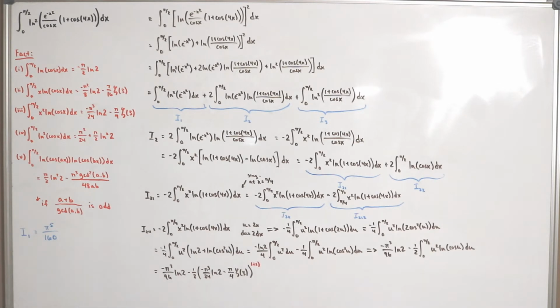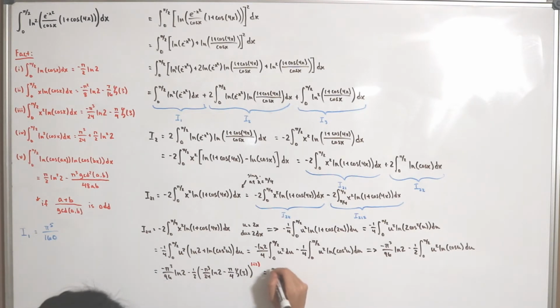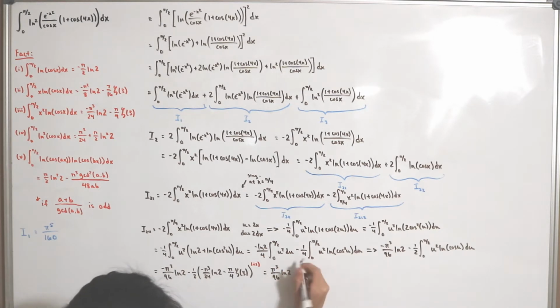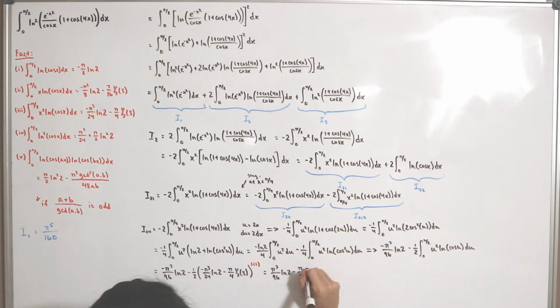Okay, now we simplify this out, and we get that this I sub 2 1 1 is equal to pi cubed divided by 96 multiplied by ln of 2, and then again, you simplify all this out, you're going to get that it comes down to minus pi over 8 multiplied by the Apéry constant.